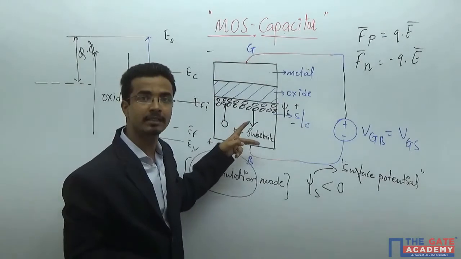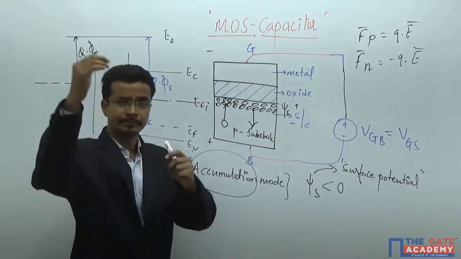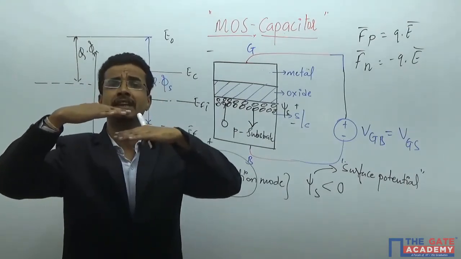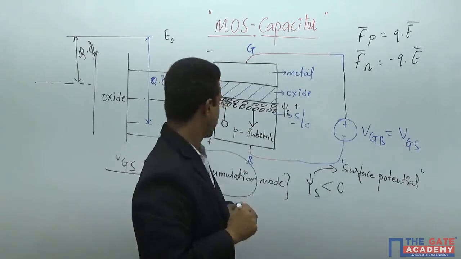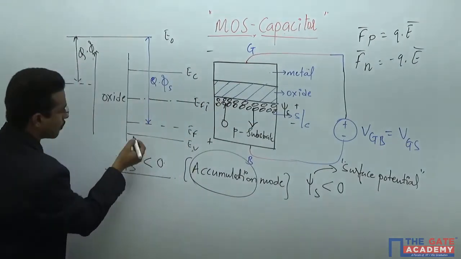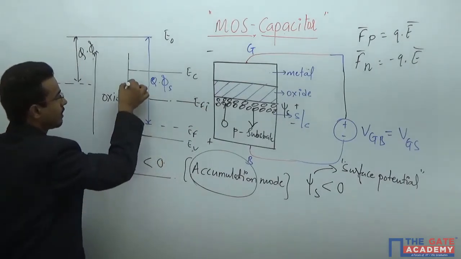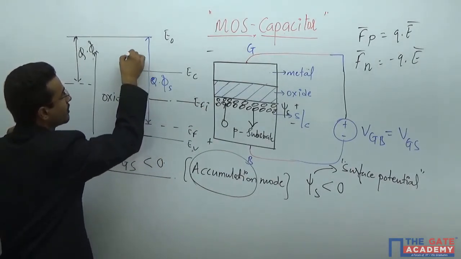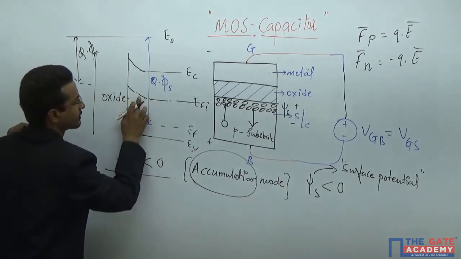More P-type means the energy difference between EF and EV will keep on decreasing. So this will go in the upward direction, this will also go upward, and the energy band diagram will be this.